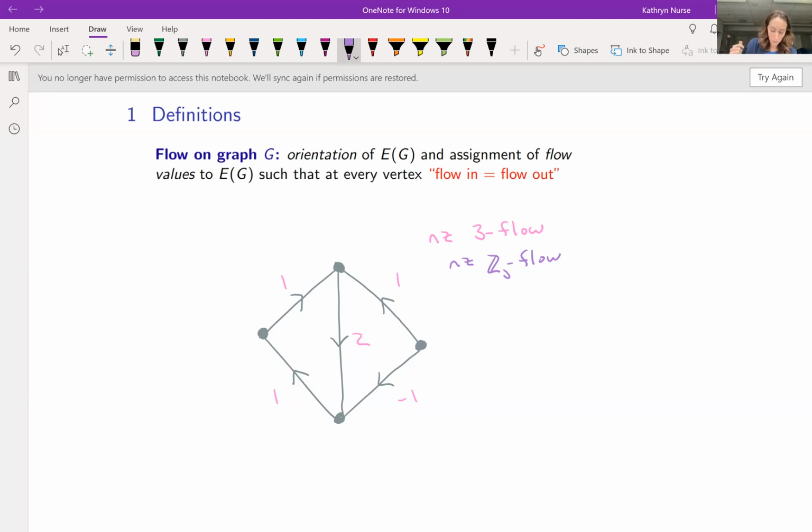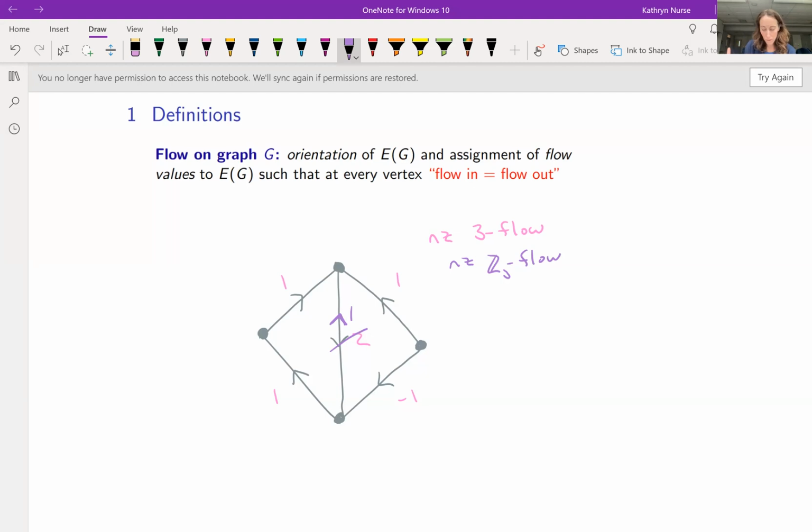Okay, but there's more flows that you can put in modular flows. Like I can change this, maybe I want to put a 1 this way instead of the 2. And then I get that this is a nowhere zero Z mod 3 flow, but it's not a nowhere zero 3 flow.